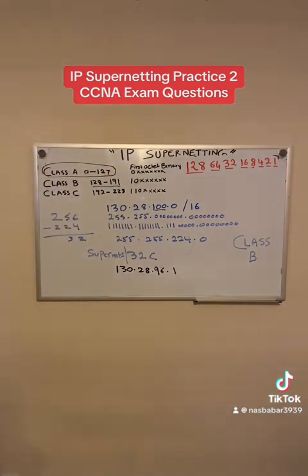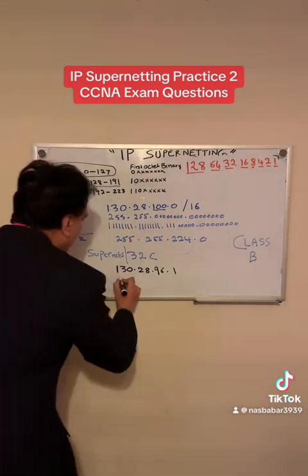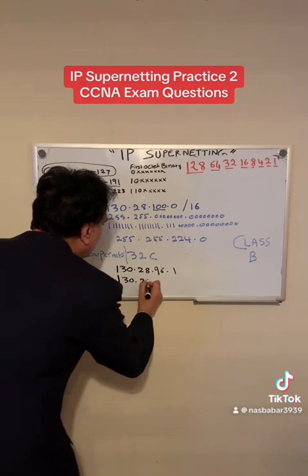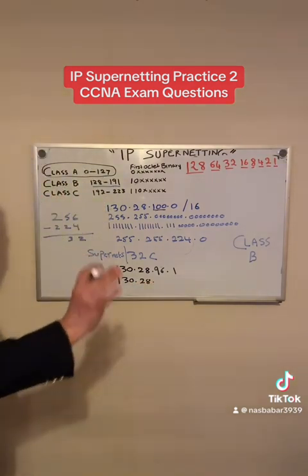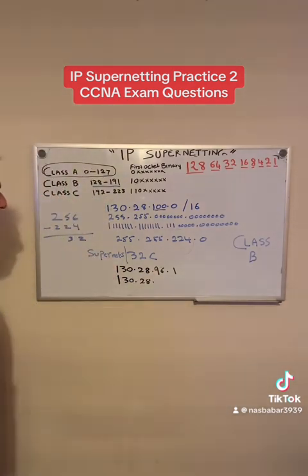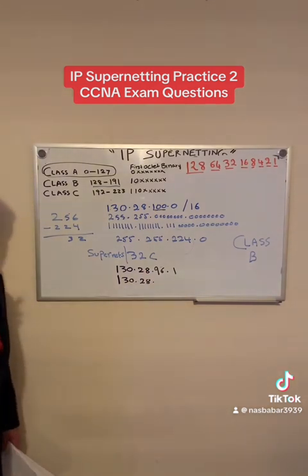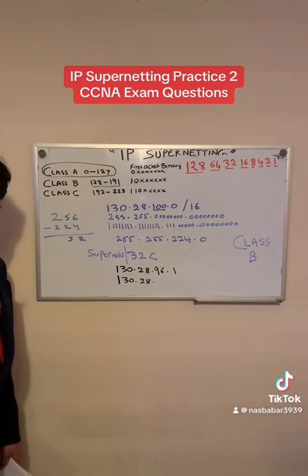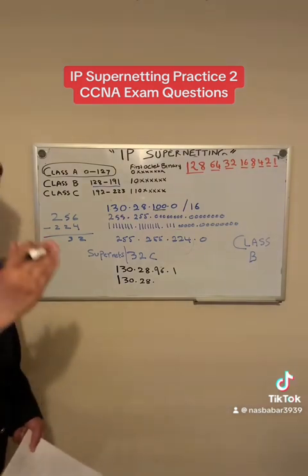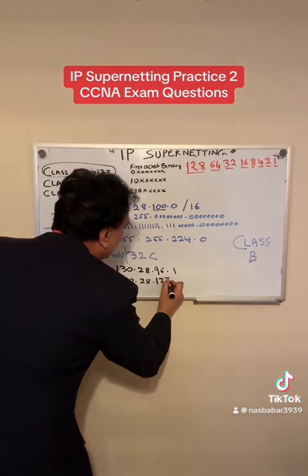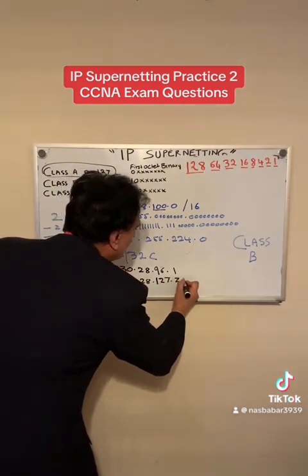What is going to be the last IP? 130.28. Now remember, we are only manipulating the third octet. So 96, and then you have the range of 32, but we can't use the 128 because that's the next network address. So this is going to become 127.254.